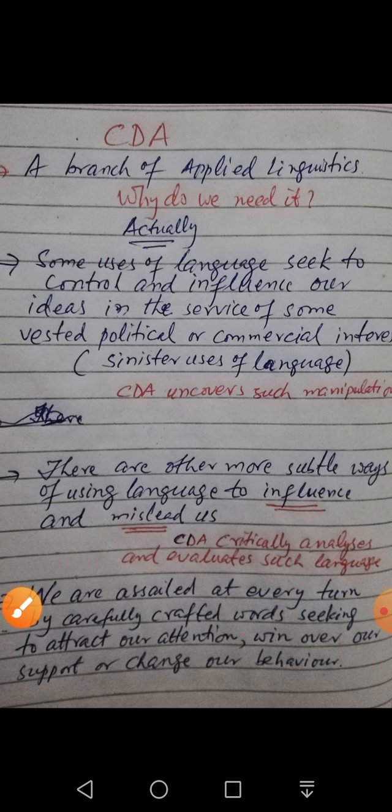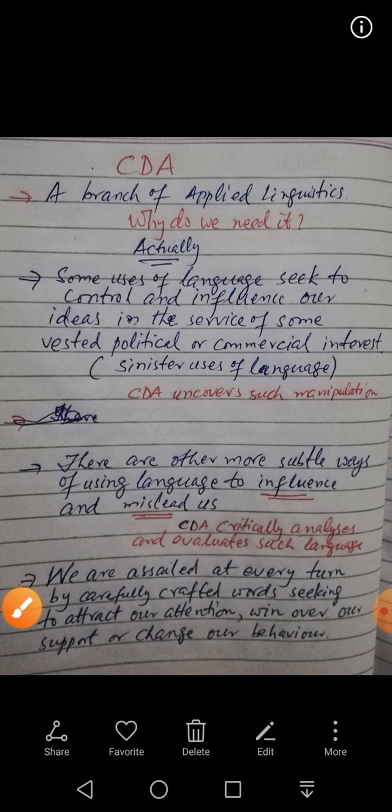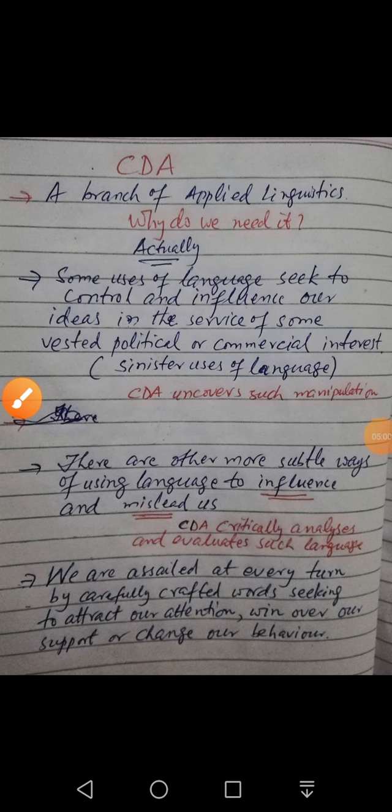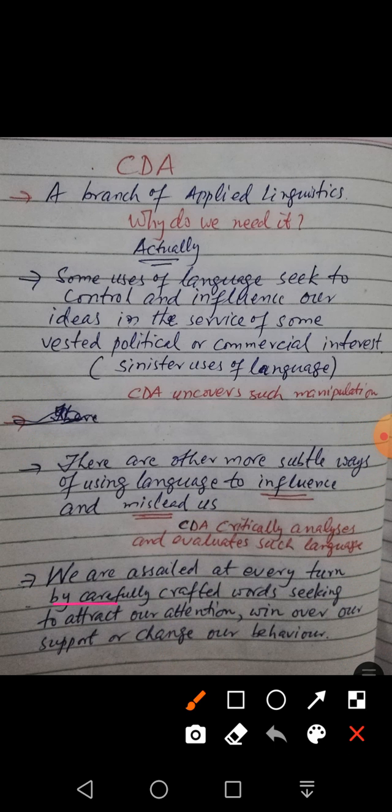Now another important sentence from the same book, let me read it for you: "We are assailed at every turn by carefully crafted words seeking to attract our attention, win over our support, or change our behavior." So, what are carefully crafted words? Definitely I'm going to explain these with examples when I move ahead.